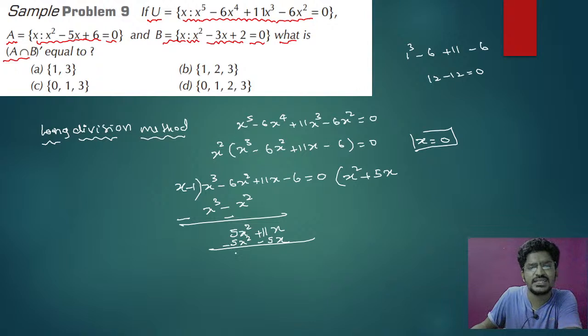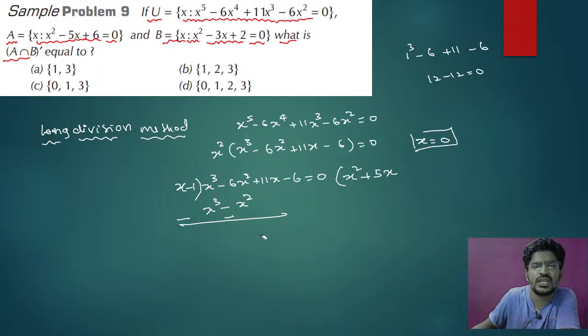So subtract it, sorry, this will be minus 5x square. So be careful, because here you are going to get minus 5x square. Clear?